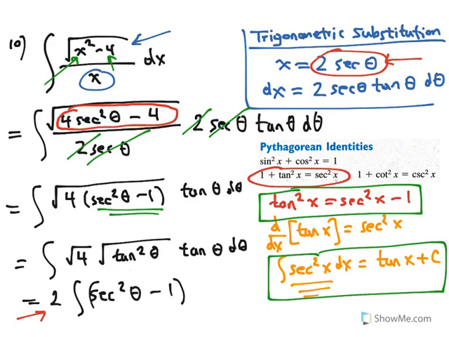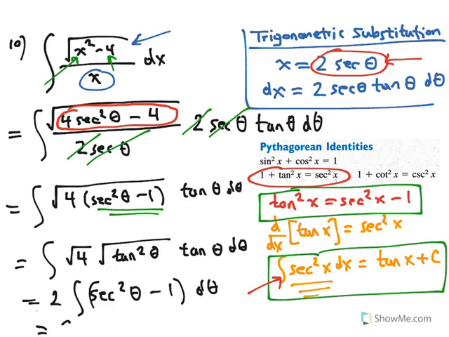The reason we want to do that is because we know how to find an antiderivative of the indefinite integral of secant squared x dx, or secant squared theta d theta. And of course, it's very easy to find an antiderivative of the constant 1 with respect to theta.